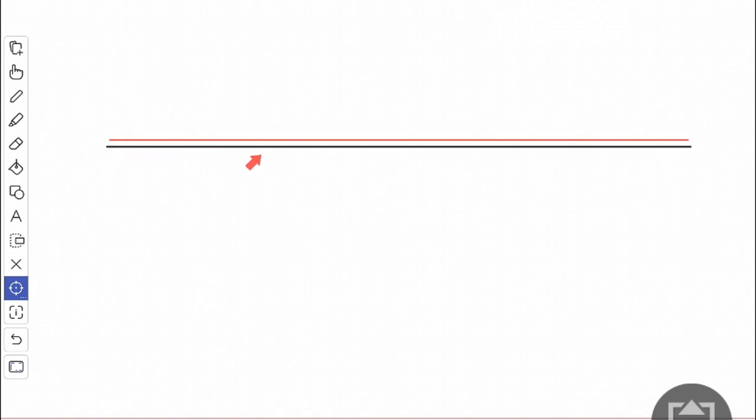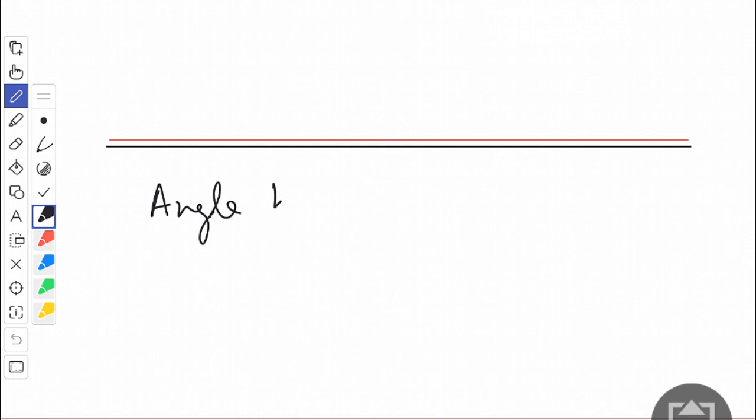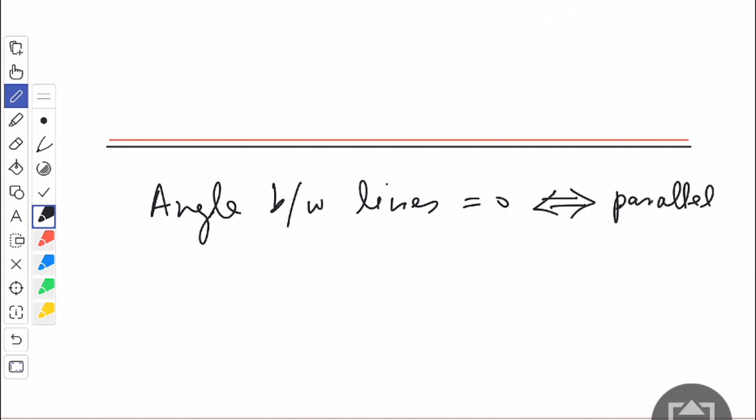Now what do we see here? They're also parallel. So this is the point I want you to understand: angle between lines is equal to 0, and therefore they are parallel. Interesting, isn't it? So when the angle between them is 0, they become parallel.